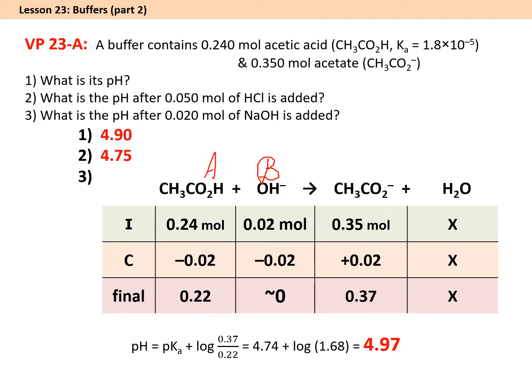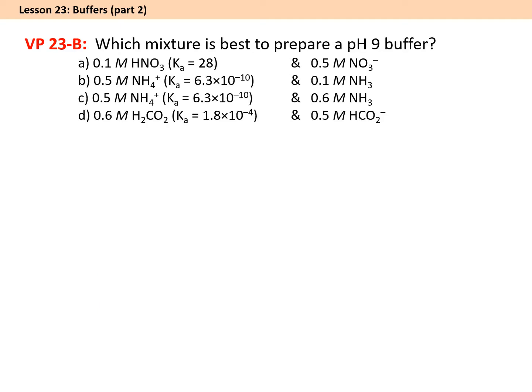Okay. All right. Now let's go ahead and let's look at another aspect of buffers. Let's figure out which of a mixture of acids and bases is best to prepare a pH 9 buffer. Okay. So, there are 2 things we learn when we want to create a buffer. Okay?